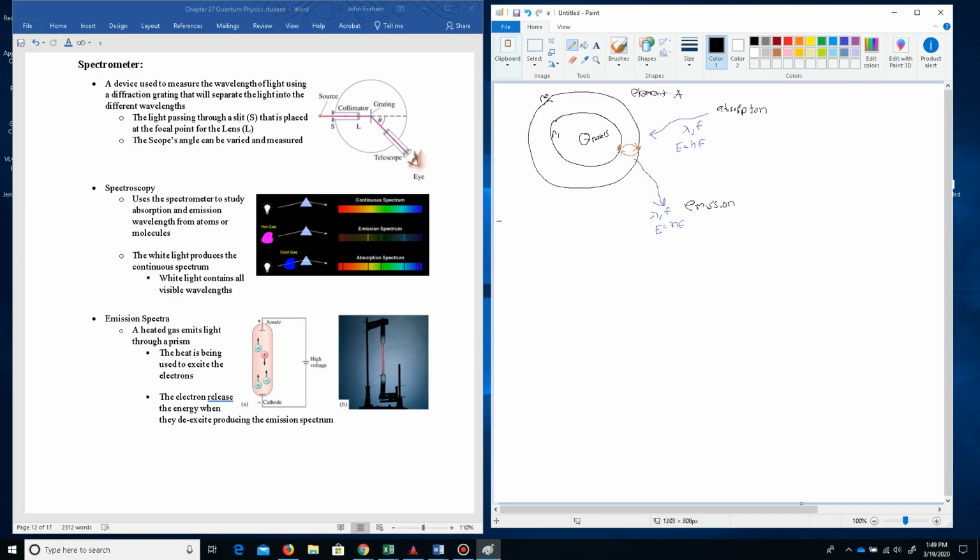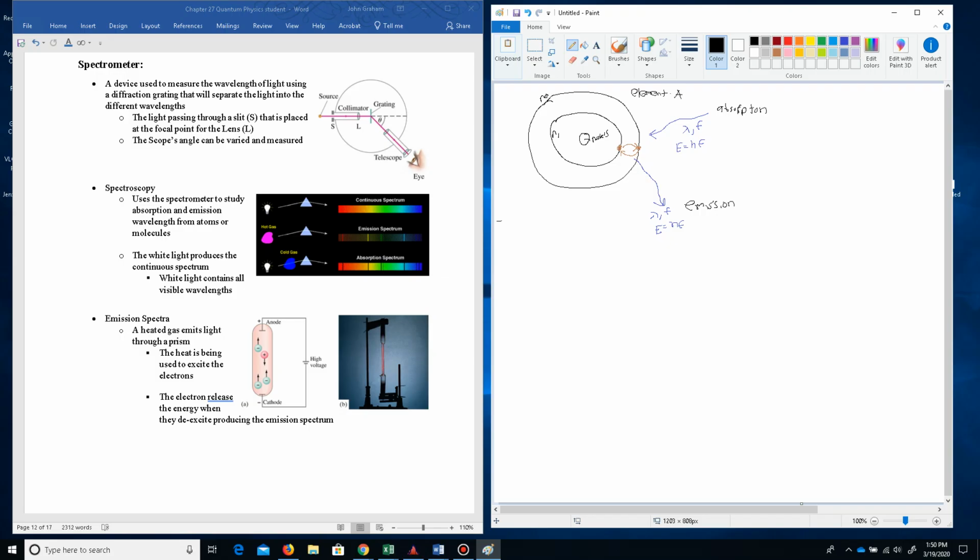We have these in our lab, and we have different gas tubes we can look at. This is also something you can go to a museum and actually look at. I know the Children's Museum in Lincoln County, I think it's called the Works, has one where you can look through at the different elements and see the emission spectrum.